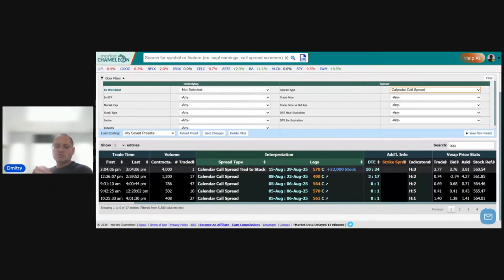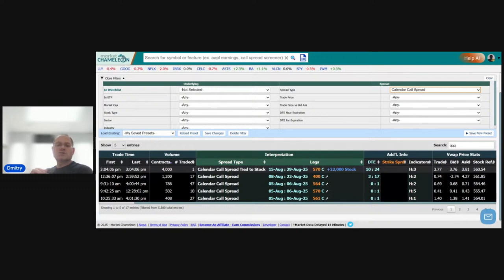So as a trader, we're trying to see how we could get a price improvement. And one way is to see where things are trading and that we could participate in a place where we could get our own price improvement. So that is a couple ways to use the calendar call spread screener to start looking.